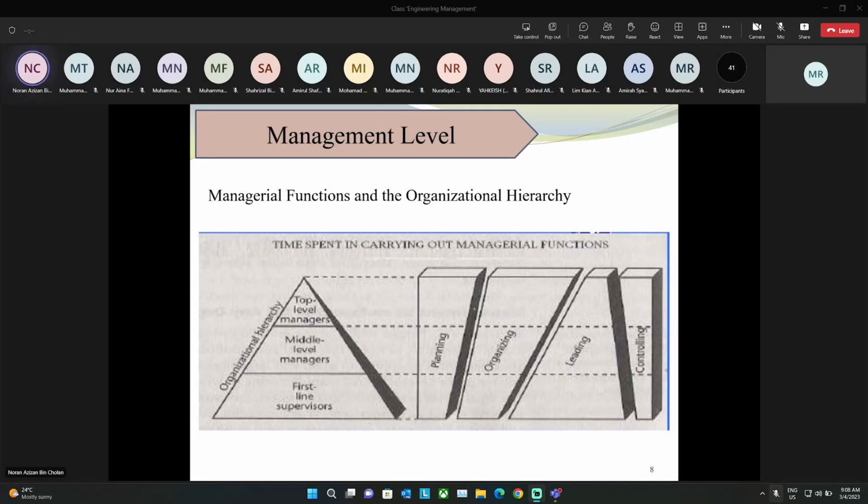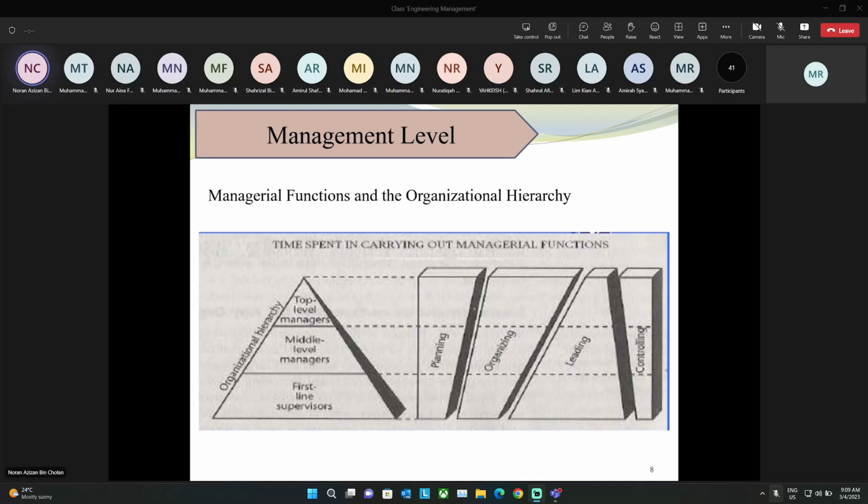Next, we go to the managerial functions and the organizational hierarchy. This one I already explained. We have three levels of manager: first line, middle level, and top level. Basically, the manager will do four things.